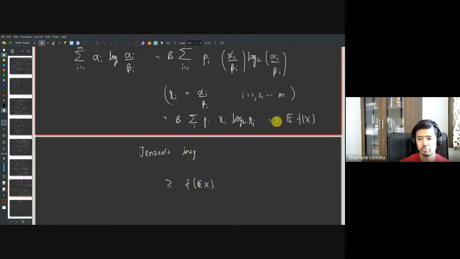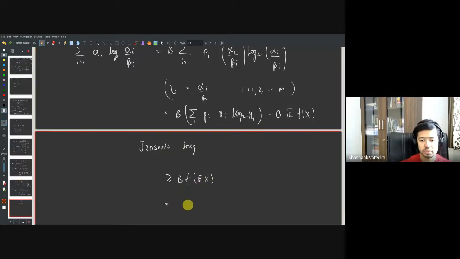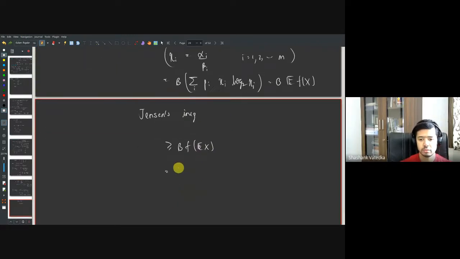This is b times f of expectation of x. So since I have this b over here, what is this equal to? It is b times f of expectation of x, where my function f is x log x.